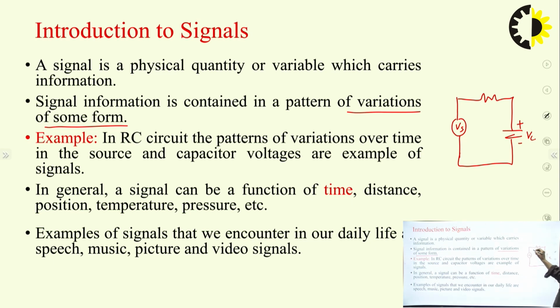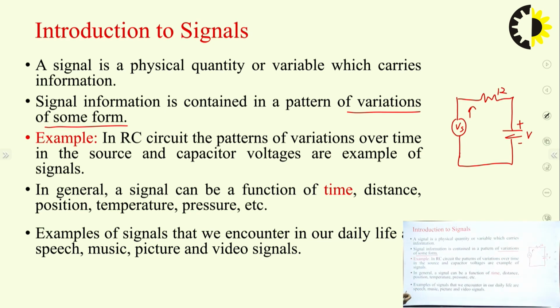So we will get some pattern with respect to time t, and similarly some pattern for the voltage across the capacitor. The pattern that we obtain is basically our signal.